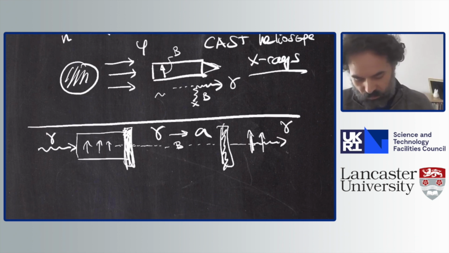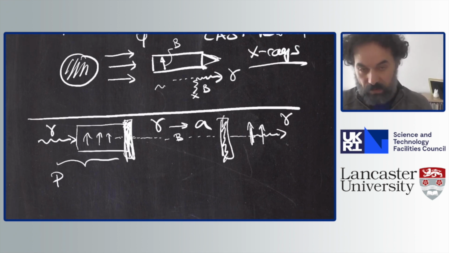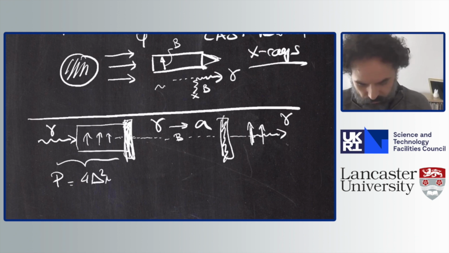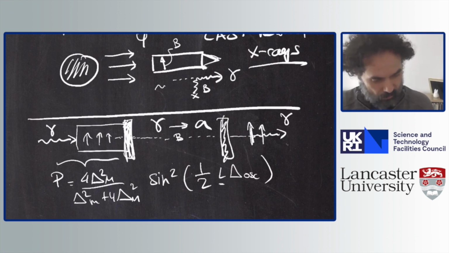Now you can compute, for instance, the probability of conversion of photons in the presence of a magnetic field. This is similar, by the way, to neutrino oscillations, if you are used to this phenomenon. Here it is. I give you this number: at a distance L, this is the probability that you convert into axions.